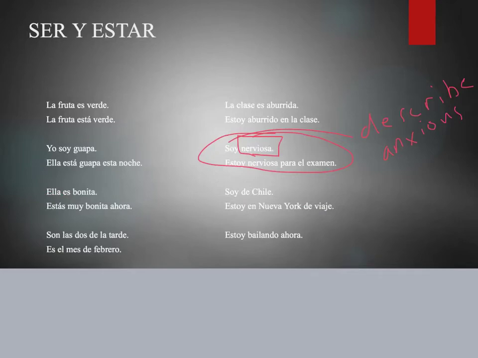Now, if I look at the second example, estoy nerviosa para el examen, I see that I have an exam coming up. And estoy nerviosa, I'm nervous for the exam. So this here is not my general state of being. I'm not a nervous person. I'm just nervous at this moment for this exam.